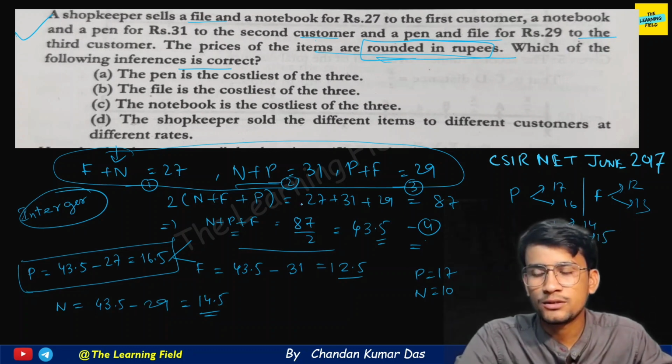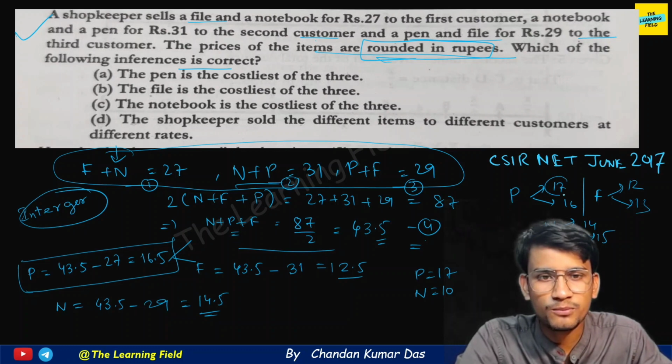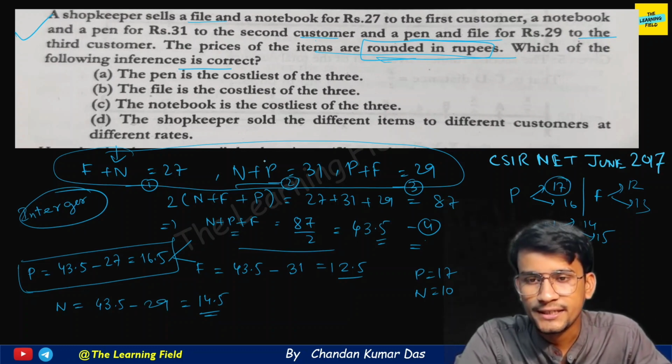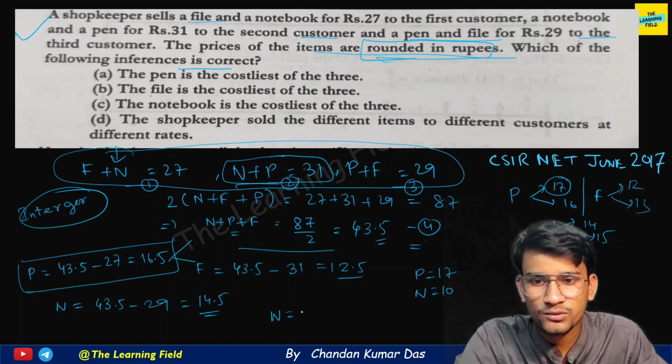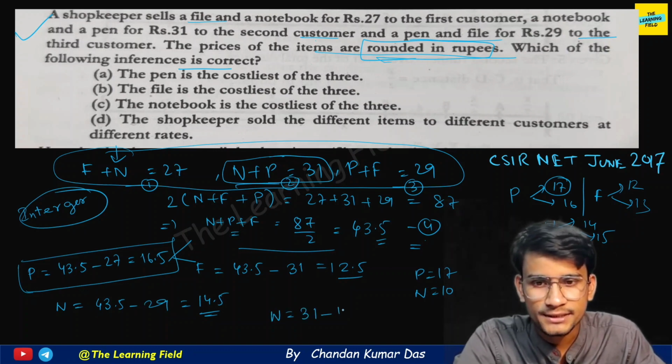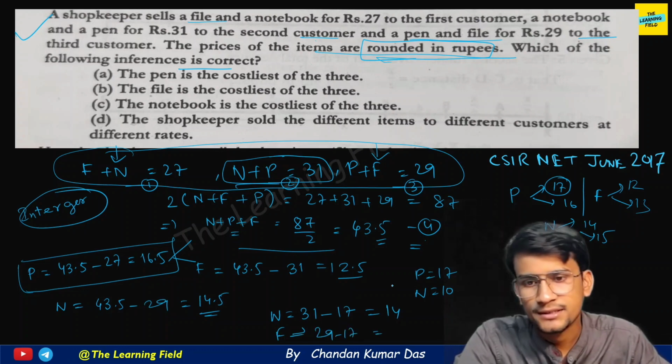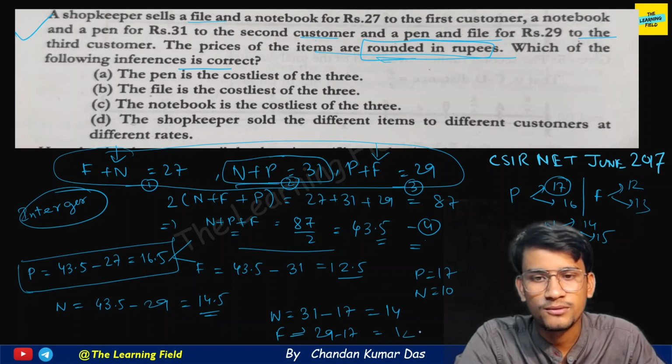Now if we take the price of pen equal to 17, then from this inequality we get n equal to 31 minus 17, which is 14, and from this equation we get the file price equal to 29 minus 17, which is 12.